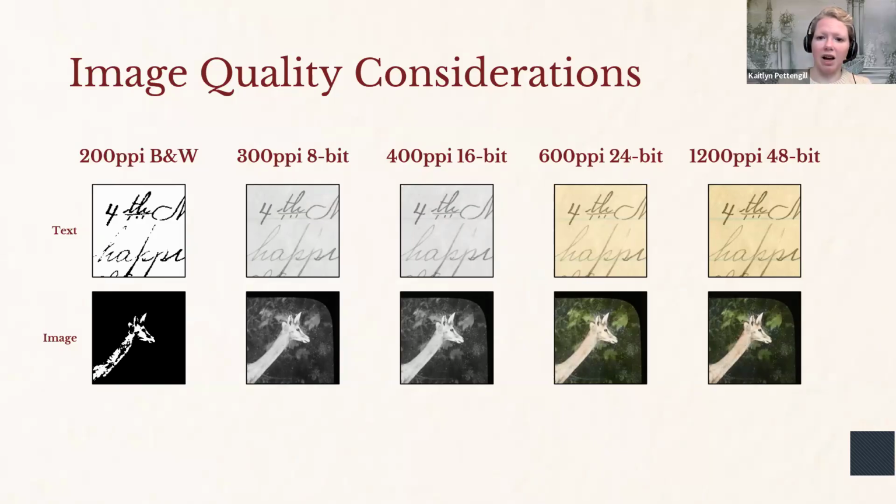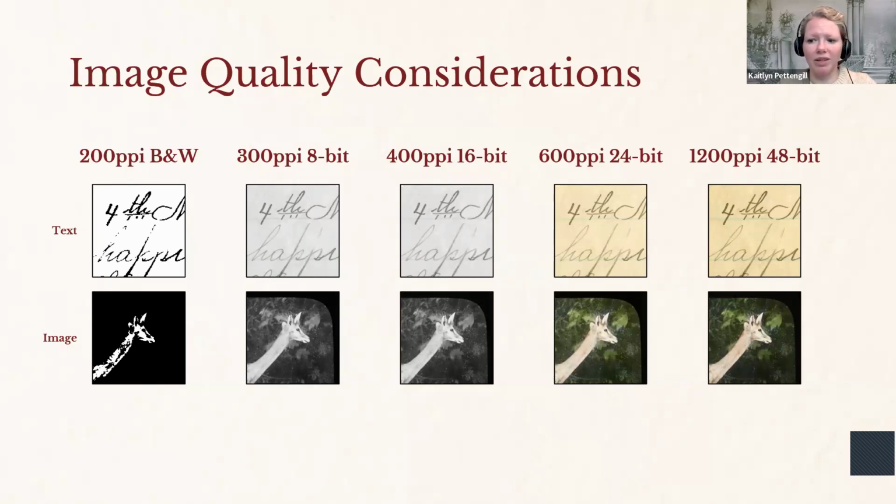So what I've done here is I've done scans of both a handwritten letter and that lantern slide that I showed you before, and I've done them at these different resolutions and with an increasing amount of color information. So text often reaches a point where adding additional resolution is adding very little value.